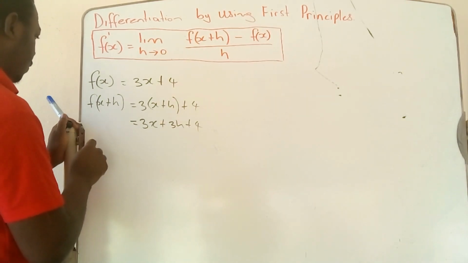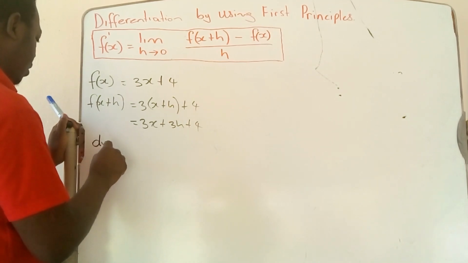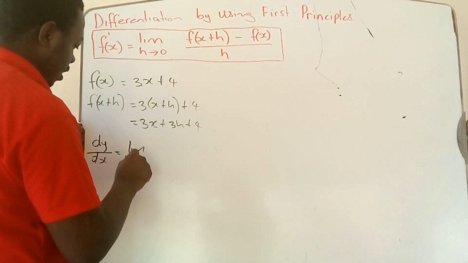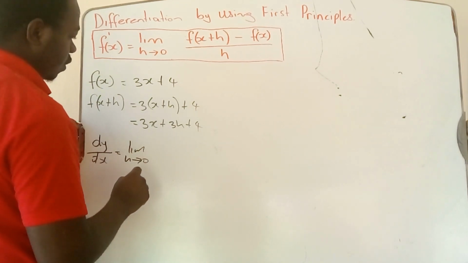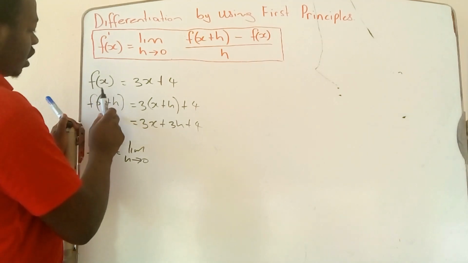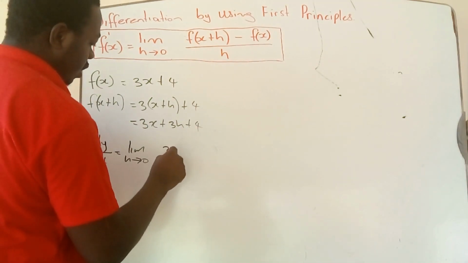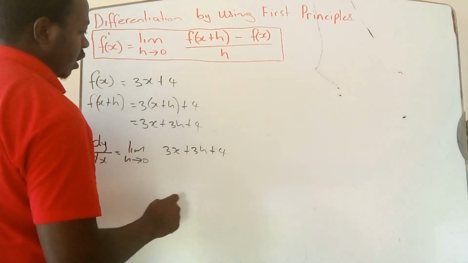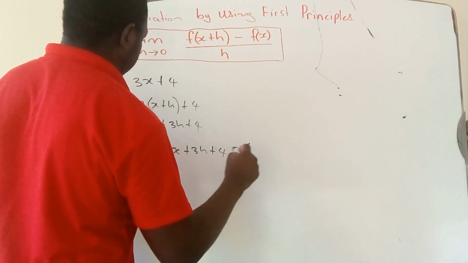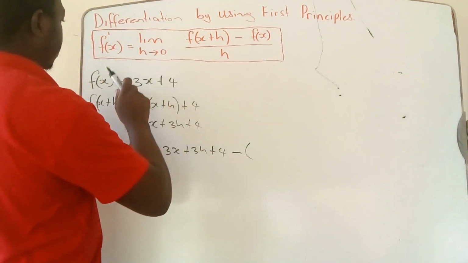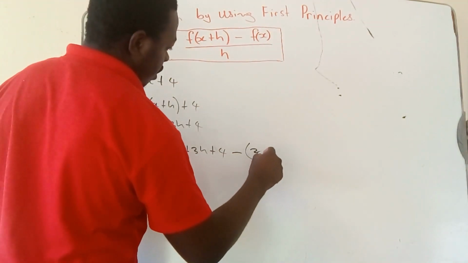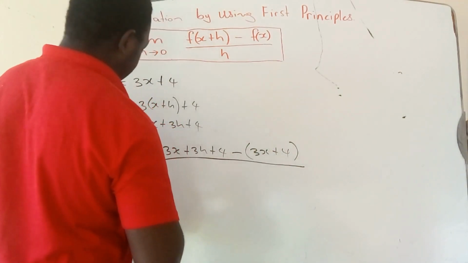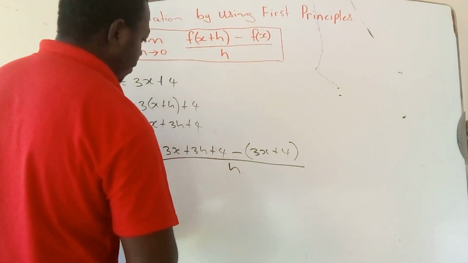So therefore, dy by dx is equal to the limit as h approaches 0 of f of x plus h, which is 3x plus 3h plus 4, subtract f of x, which is 3x plus 4, all of that divided by h, right?